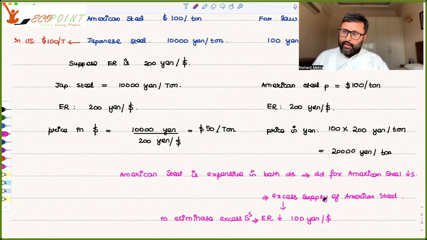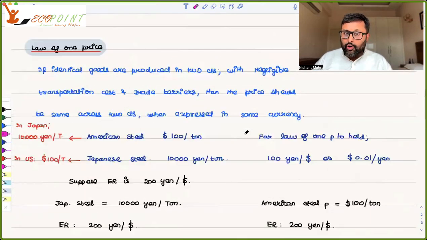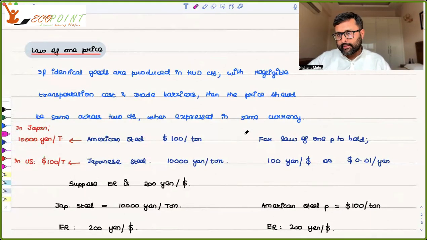And this is going to make the price of American steel and Japanese steel the same in both countries. So this is what the law of one price is in simple terms. I hope it was useful to you. Thank you, beta.